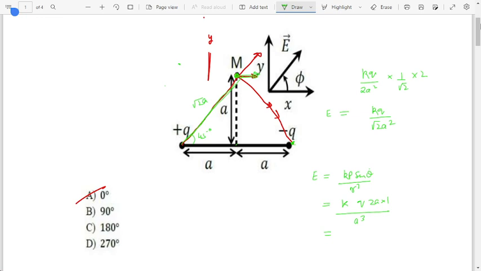You are getting 2kq by a squared, whereas the actual result that we find is kq by root 2 a squared. So you can see that the result of the dipole cannot be used in this case. The reason I have already told you. That's it. Thank you.